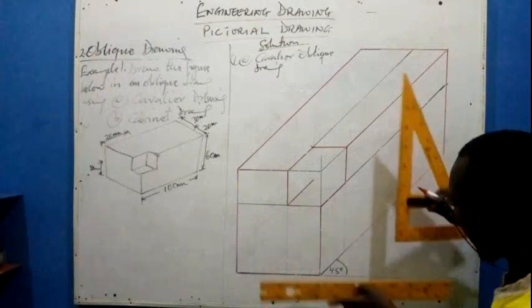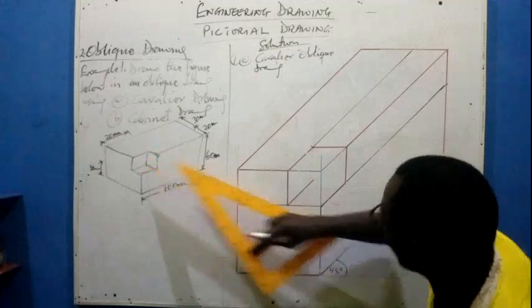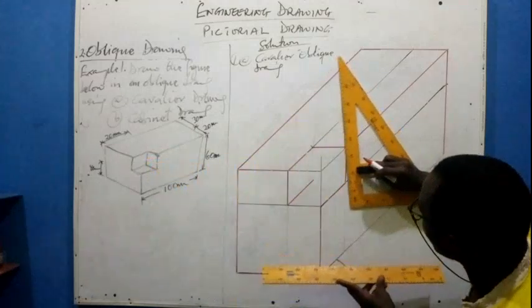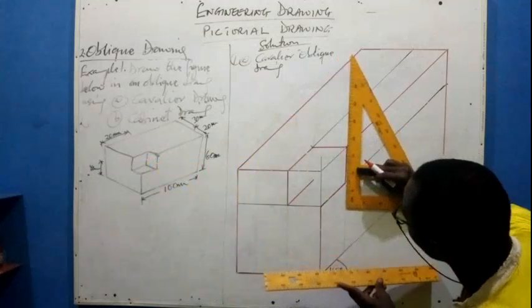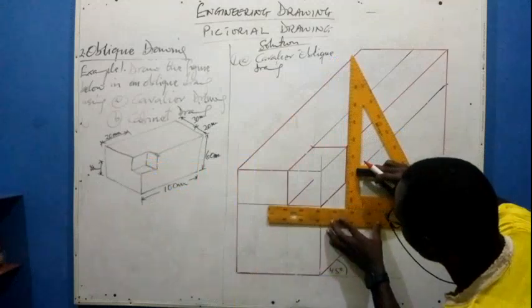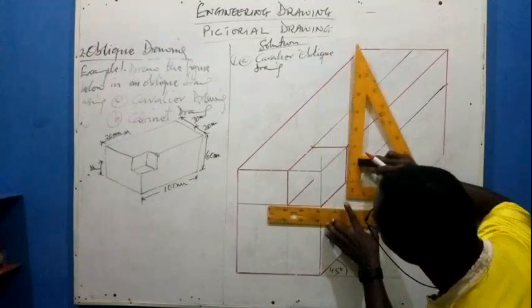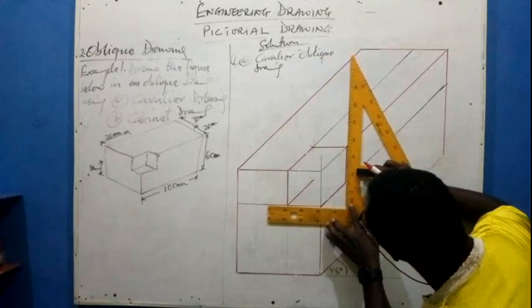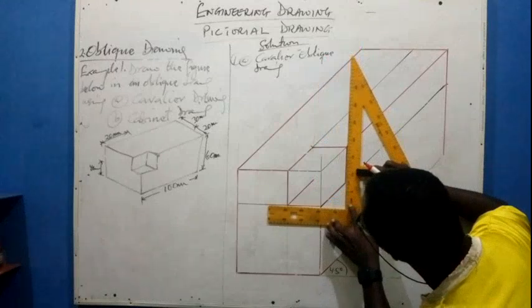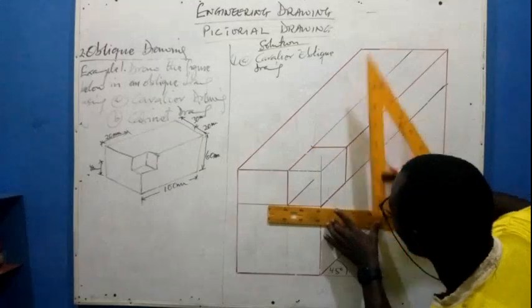Okay. I will do the same thing from here to here. Place my set square here, then place the rule, then project it, get it again. Have you seen? Then I'm moving it to array to this point.